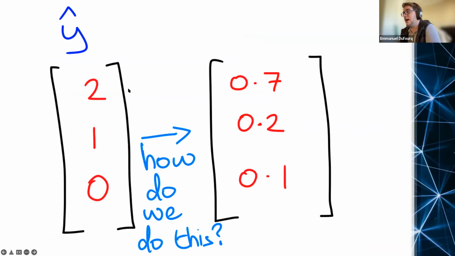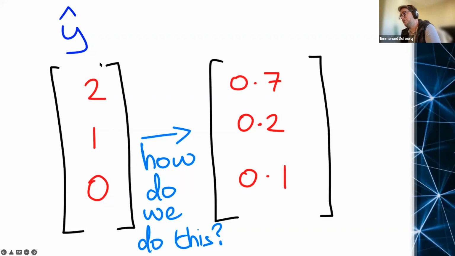So what I would like is the values produced by the network, I would like to convert them into probabilities. So the network produced 2, 1, 0, but I would like it instead to produce these probabilities where a high value is associated with, for example, a high probability.